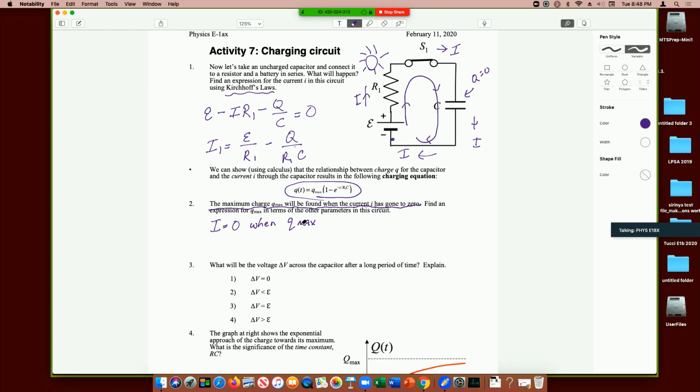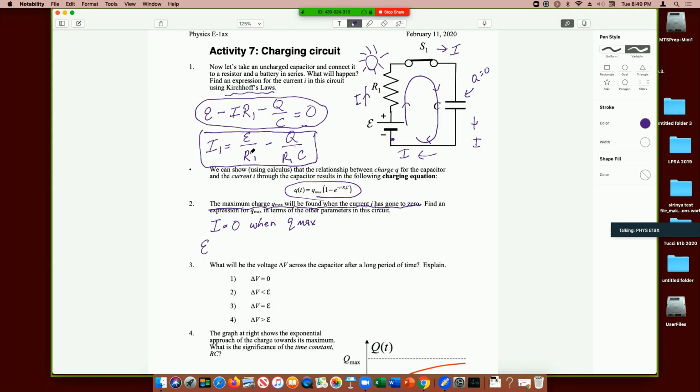So we can actually use our loop law. Everyone just look at this equation for a second. Or actually it's maybe easier to see in this equation; they're the same equation. When the current stops flowing, this term here goes to 0.